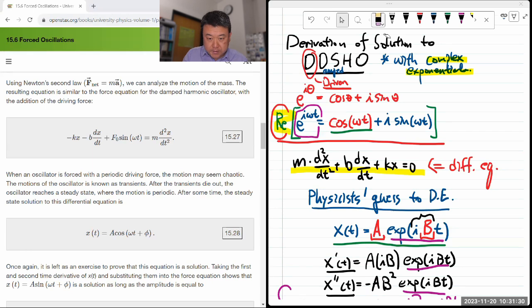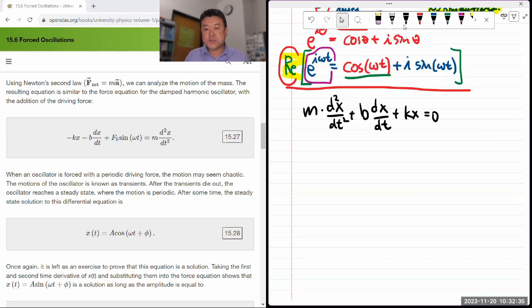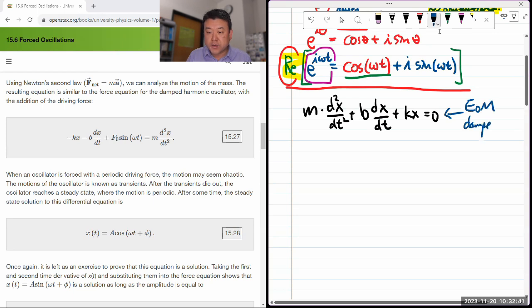So we're going to take this equation of motion. Comparing it with the equation of motion for the damped simple harmonic oscillator, you can see what part they added. Let me first rewrite this in the form that they have. So this was the equation of motion for just the damped simple harmonic oscillator.